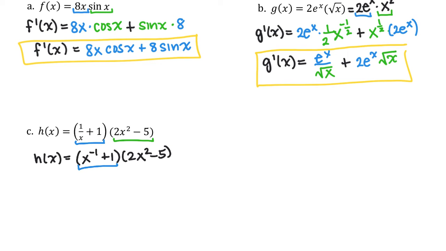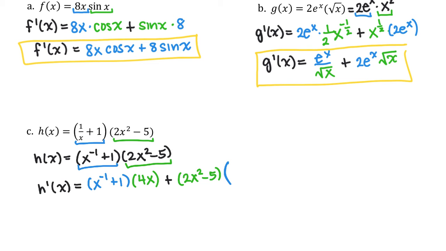So first thing, second thing, let's use the product rule. So h prime of x is going to be the first thing times the derivative of the second thing. Bring down the 2, that's going to be 4x, just 4x. Plus the second thing times the derivative of the first thing.